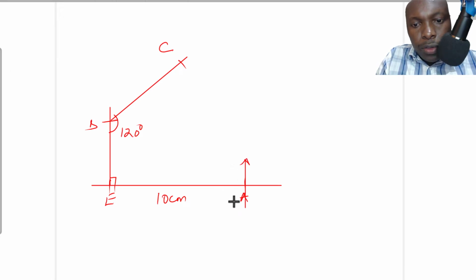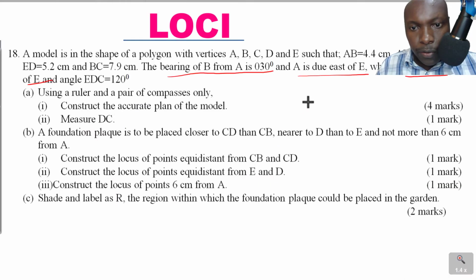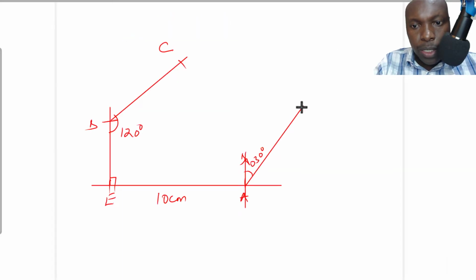So that is the true north. Don't forget that we measure bearing from the north in a clockwise direction. Just sketching, 30 degrees is measured from the north in a clockwise direction. So therefore, B should be somewhere there.